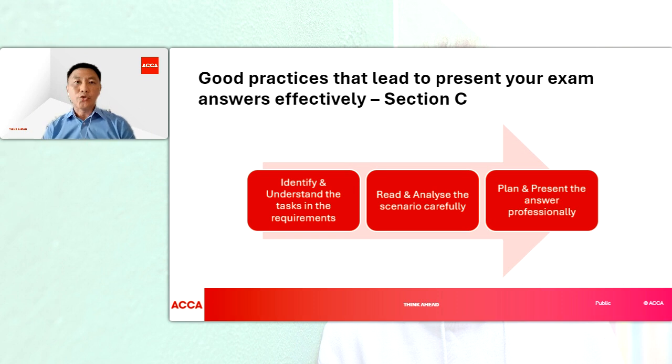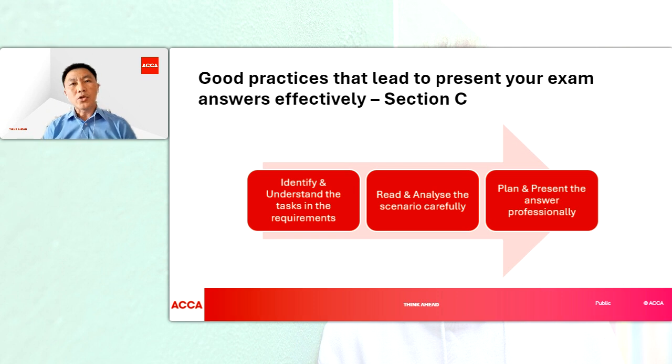To me, as a tutor, I always advise students, if you would like to have an effective way to present your answer, we should ask ourselves, perhaps, what is the effective way to approach the questions? If we fail to approach the questions effectively at the beginning, we already fail to present our answer effectively at the end.